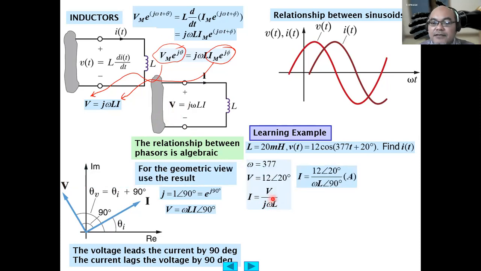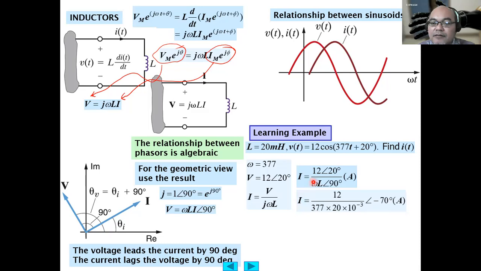If we substitute the voltage with the value, this equals 12 with a phase angle of 20 degrees divided by omega L, and j becomes a phase angle of 90 degrees, right? From this relationship, if we divide by an angle, this becomes minus, from the complex algebra.